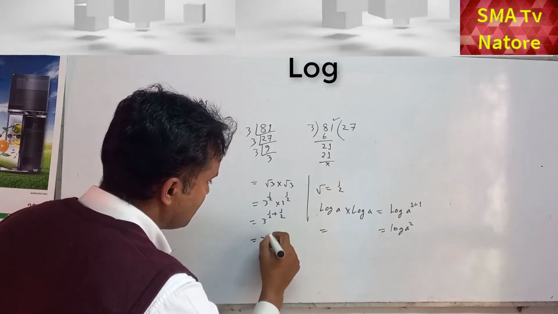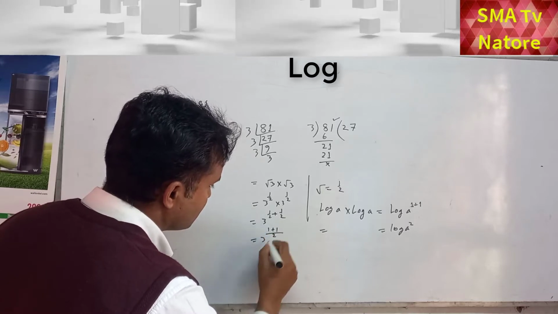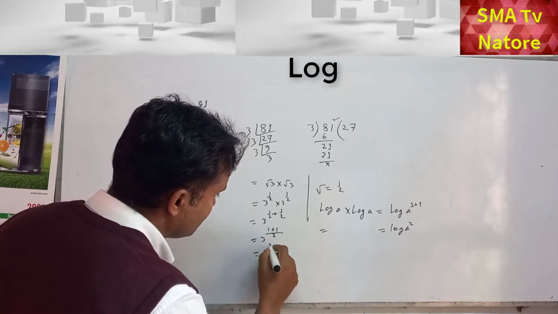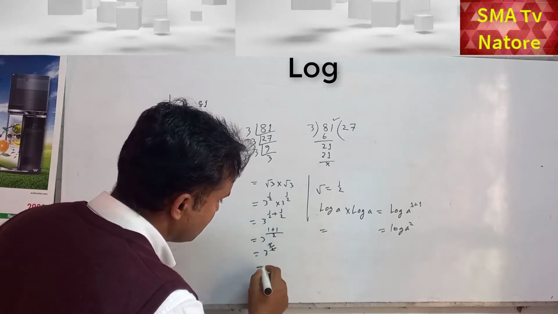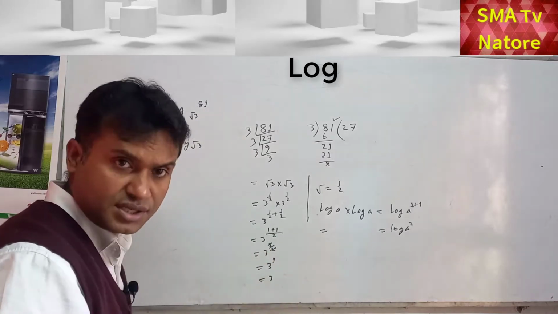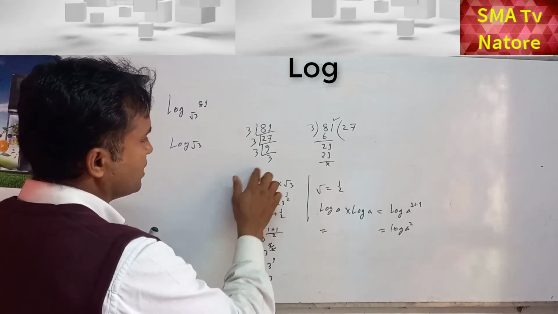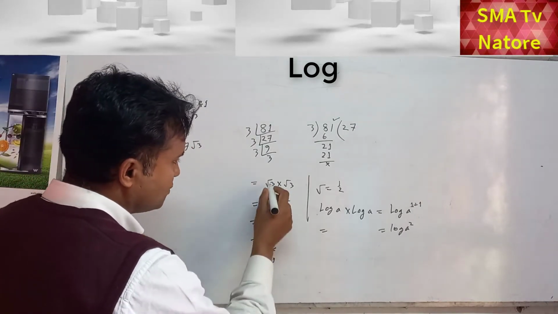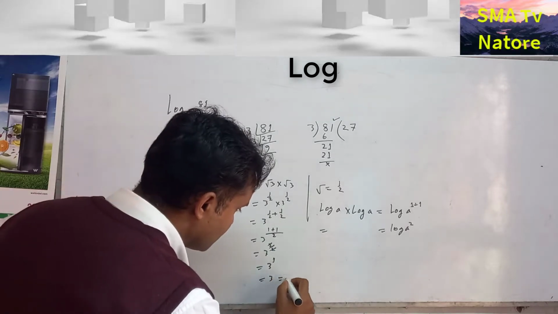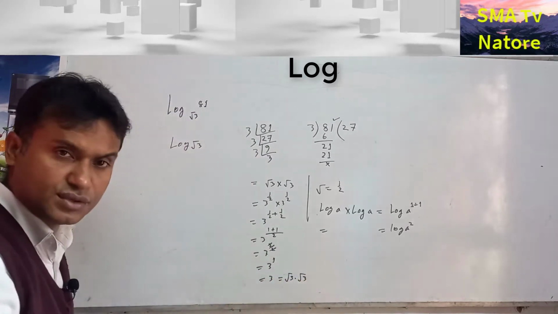Next one, 3 to the power what, so we take the common 2, and next 1 plus 1, next one 3 to the power 2 divided by 2, 2 has done, and next 3 to the power 1, so that is 3. So here is the rule. If we get 3 for 2, so 3 equals root 3 into root 3, that is 2 number of the root 3.